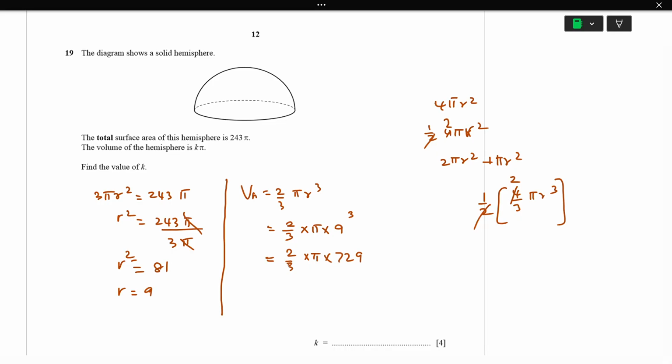When I cancel this, we get 243. So 243 times 2 is 486.